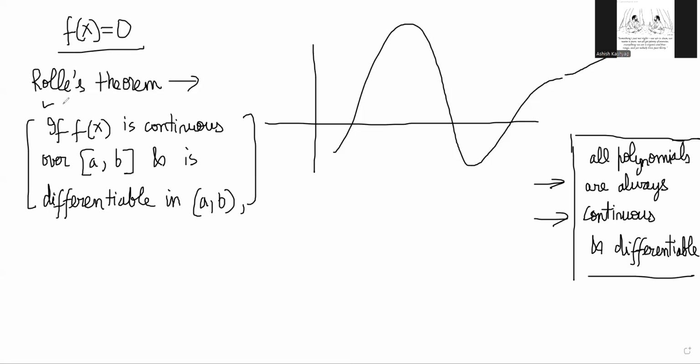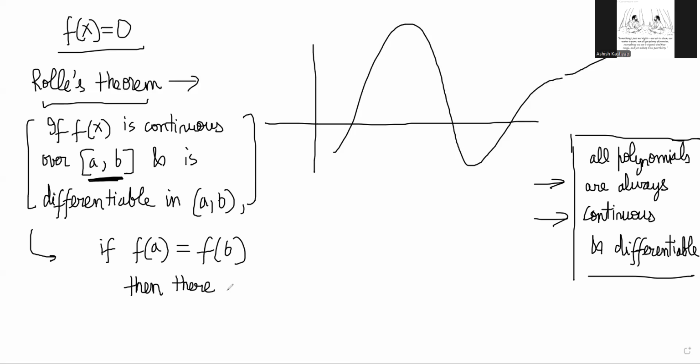In Rolle's theorem, function has to be continuous and differentiable over some interval. Then the theorem says that if f of a is equal to f of b, then there exists a real number c belonging to the set a to b such that f dash of c is 0.